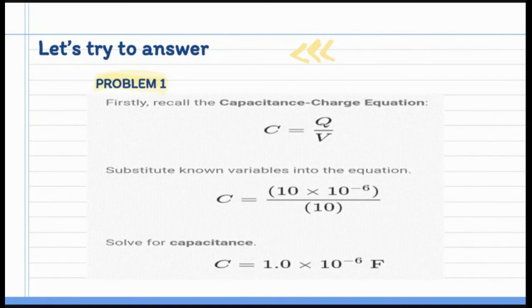So if we divide the two, we get the ratio. We'll have a capacitance of 1 times 10 to the negative 6 farads, or we can simply write this as 1 microfarad.